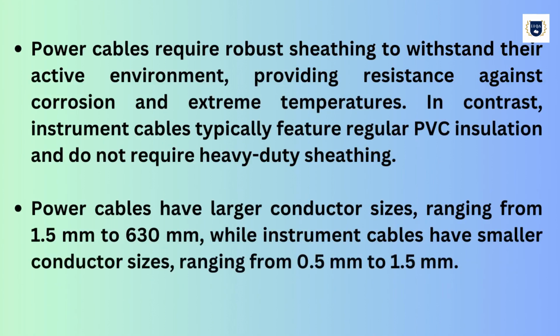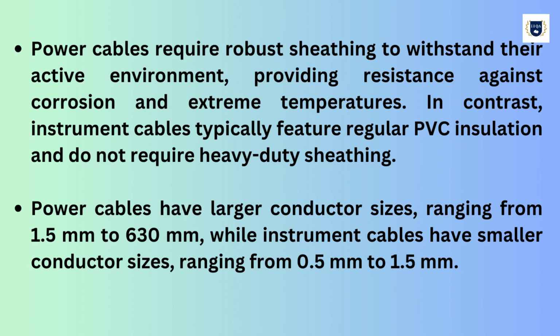Power cables require robust sheathing to withstand their active environment, providing resistance against corrosion and extreme temperatures. In contrast, instrument cables typically feature regular PVC insulation and do not require heavy-duty sheathing.